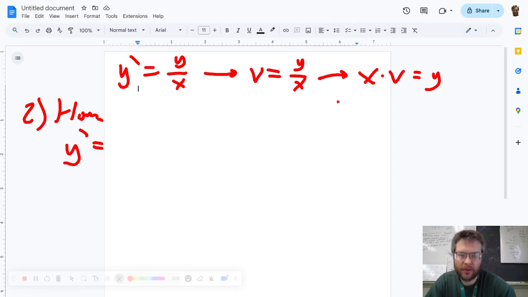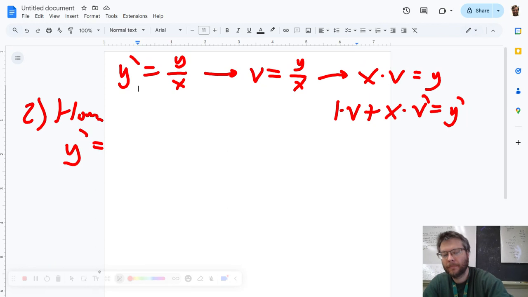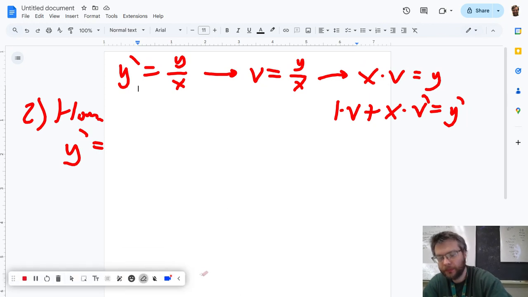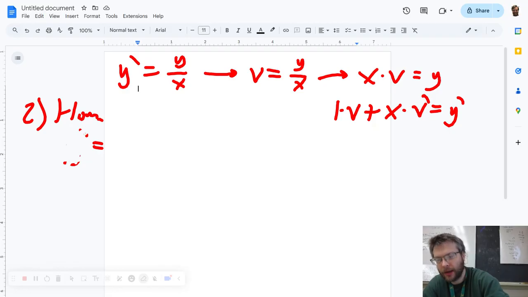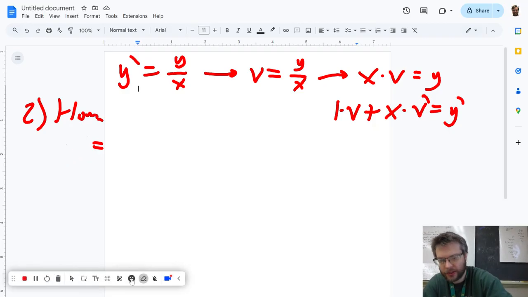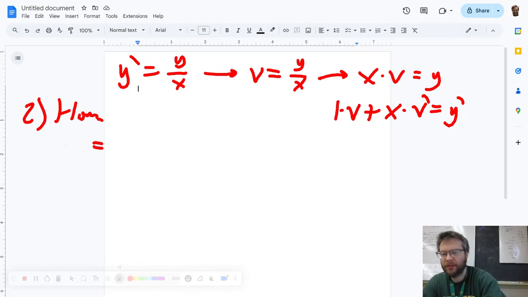Taking the derivative with respect to x, 1 times v plus x times v prime is equal to y prime. So when I come back to my original differential equation, I can do those substitutions: the left side is just v plus xv prime, and the right side is just v.